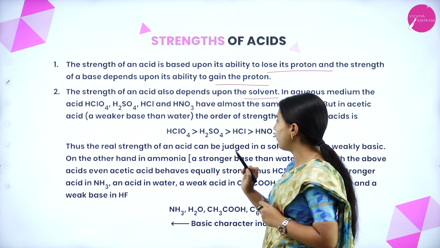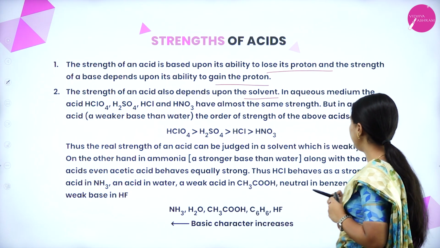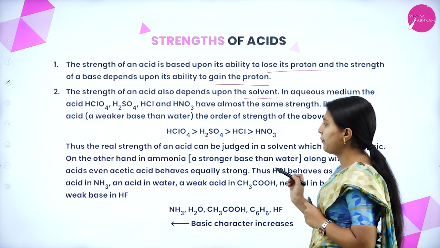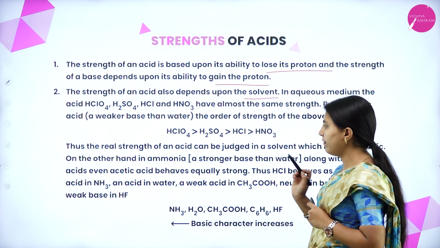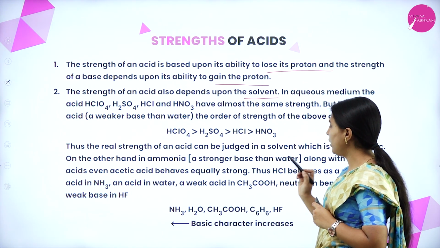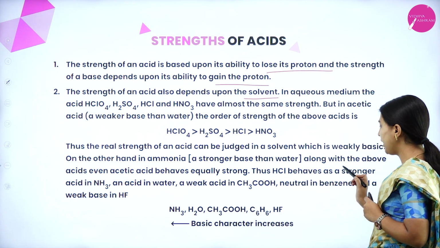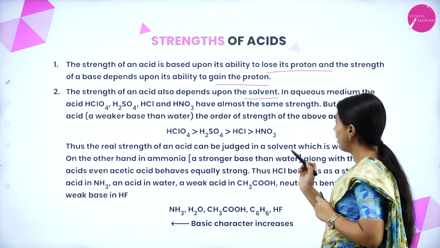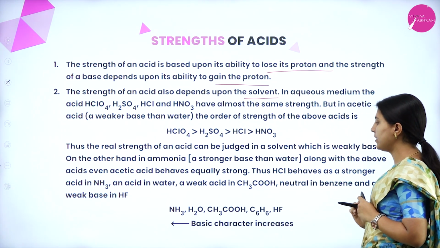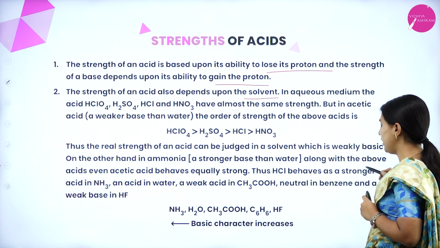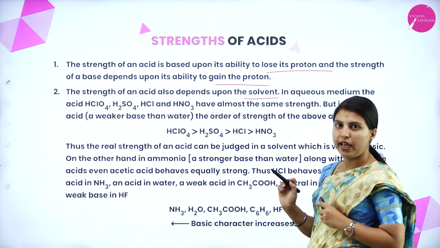Thus, the real strength of an acid can be judged in a solvent which is weakly basic. On the other hand, in ammonia, along with the above acids, even acetic acid behaves equally strong. Thus, HCl behaves as a stronger acid in ammonia and in water, a weak acid in CH3COOH, neutral in benzene and a weak base in HF.